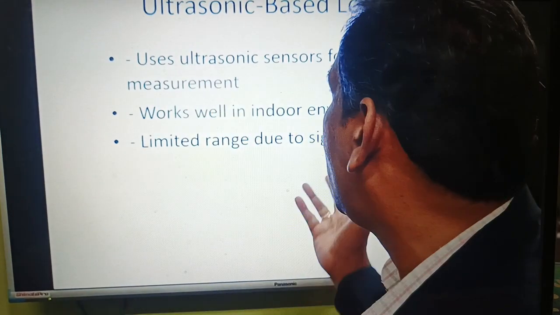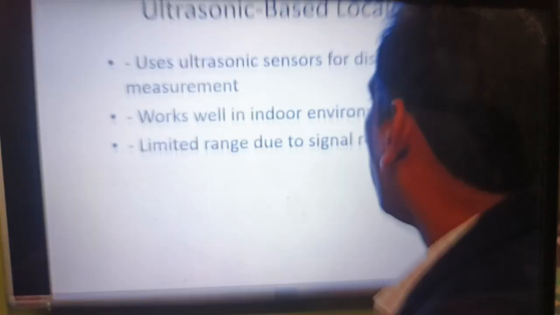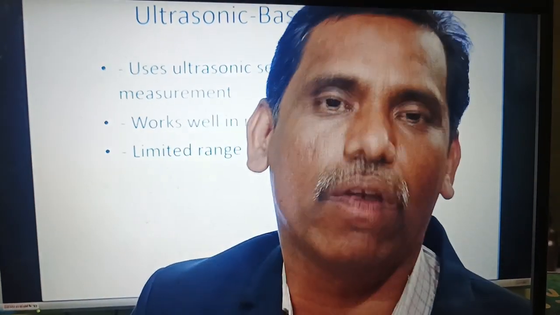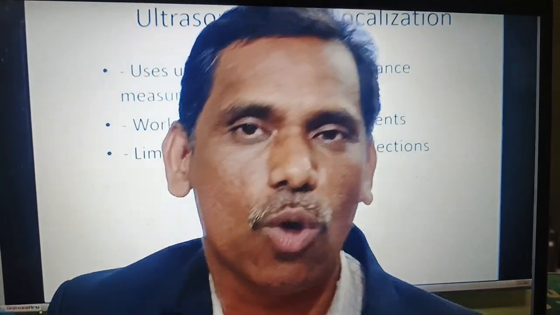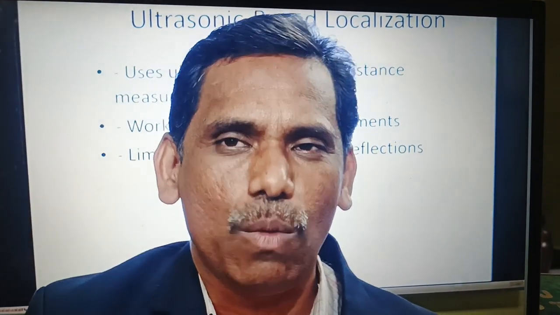That is the main application of GPS localization. It is used for navigation in self-driving cars, drones, and robots, and for geolocation services in mobile phones for maps and tracking.